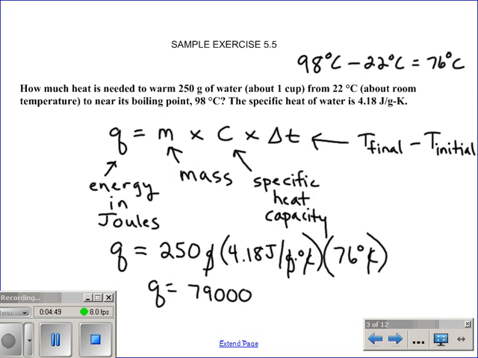It's actually 79,000 joules, and it's fine to leave it in joules. Sometimes they'll convert it to kilojoules, but it's okay just to leave it in joules unless they specify otherwise.